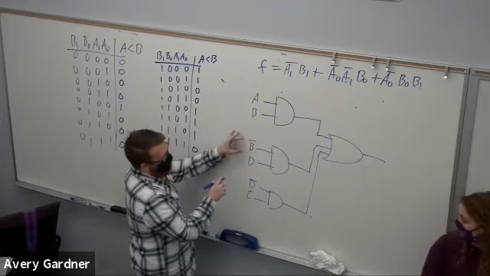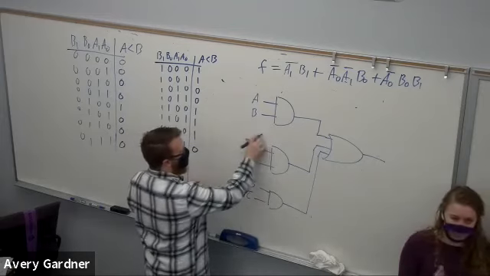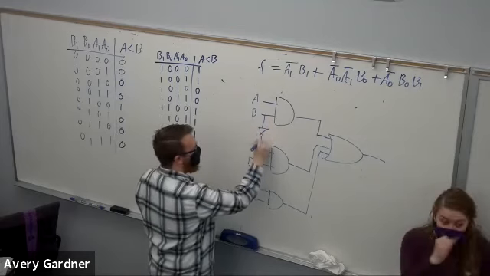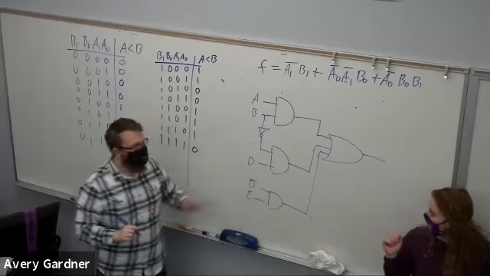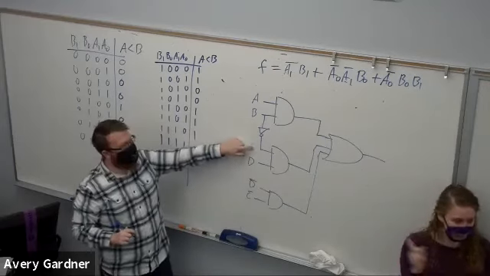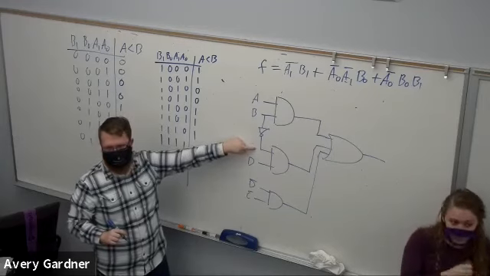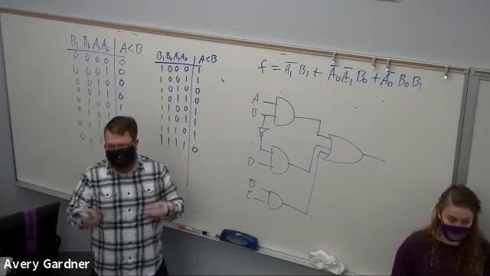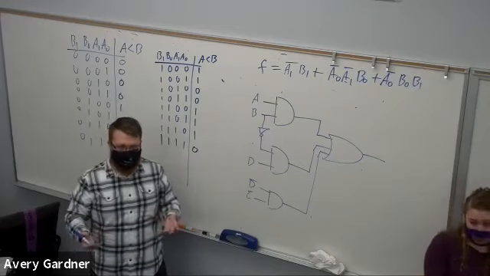And what I'm really trying to get at here is you could draw this circuit this way. I don't have to count that gate because I'll just assume that I have access to B bar. So inverters are nearly free in circuit design is what I'm getting at.